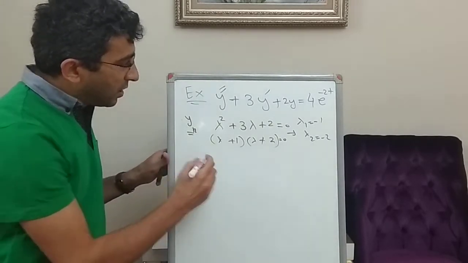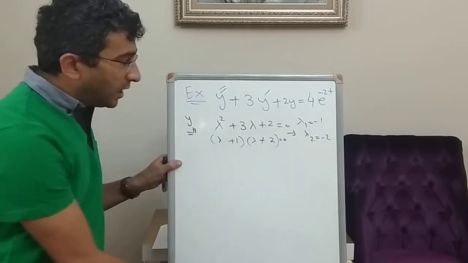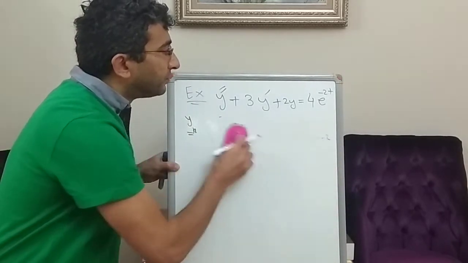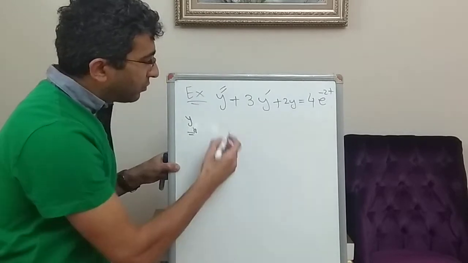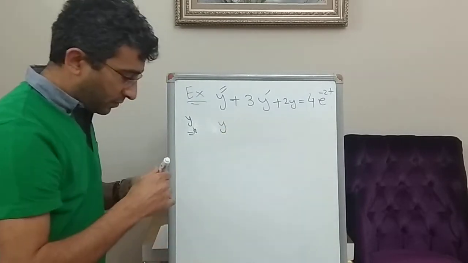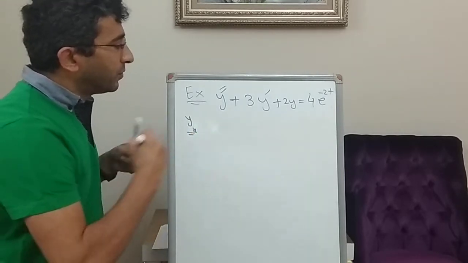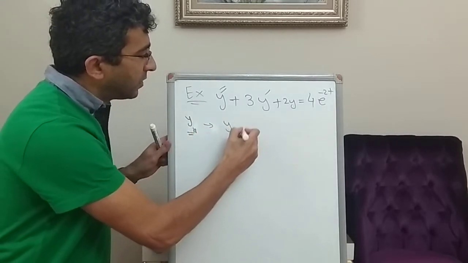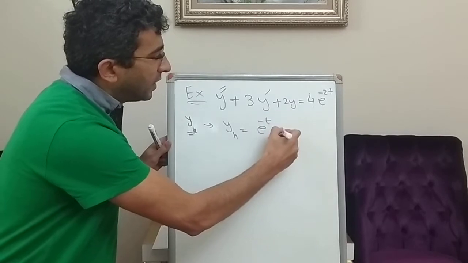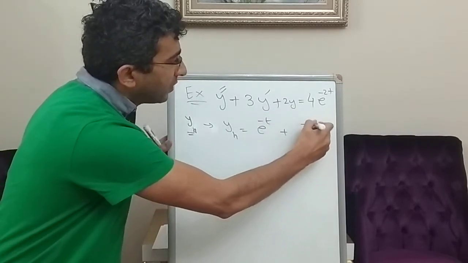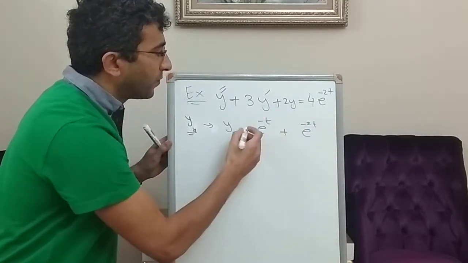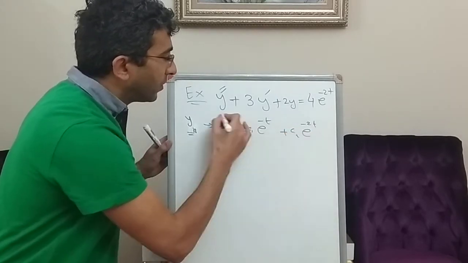So from here, my homogeneous solution is equal to c1 e to the minus t plus c2 e to the minus 2t. These are the roots, minus 1 and minus 2. C1, C2.